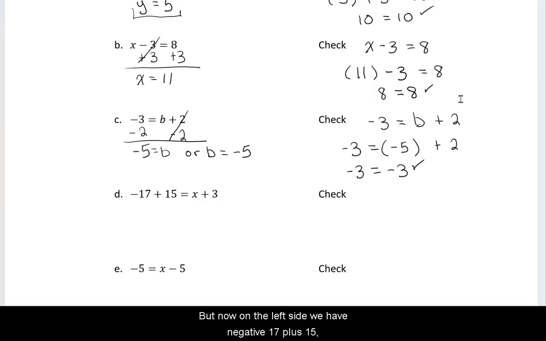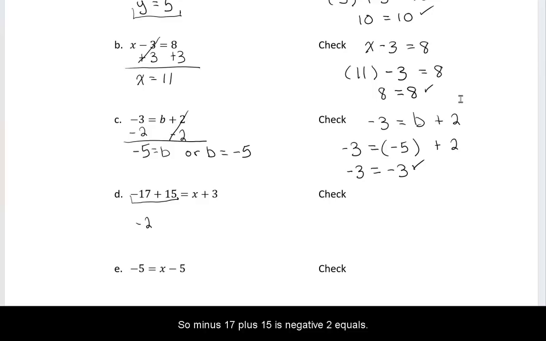But now on the left side, we have -17 plus 15, which are like terms. So we need to go ahead and combine that first and then start getting x by itself. So -17 plus 15 is -2 equals, and then x plus 3 is unchanged.